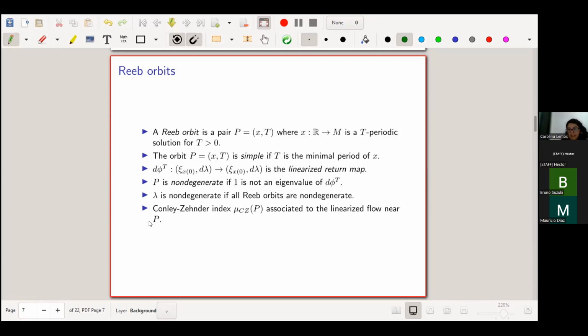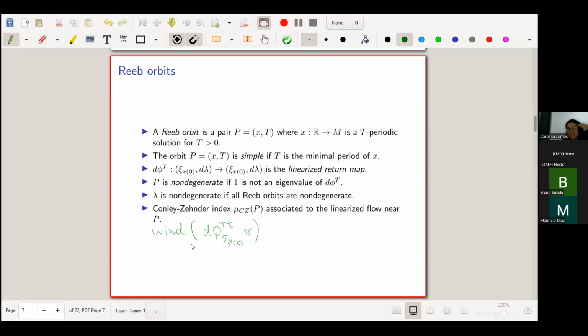I will not define it precisely, but the idea is that it's related to the winding of the linearized flow applied to any vector in R2. Of course, with respect to some trivialization, we need a trivialization to define this.